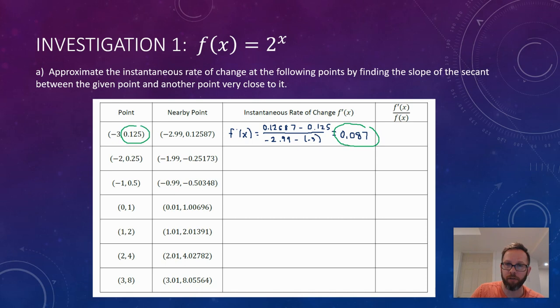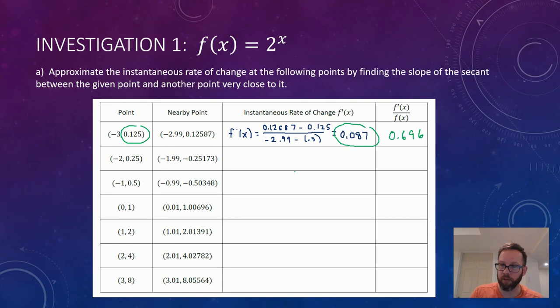So if you do 0.087 divided by 0.125, I want you to do this too. And in this final column, I got 0.696.